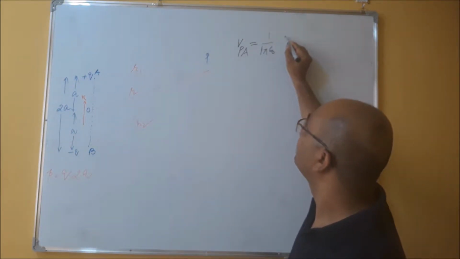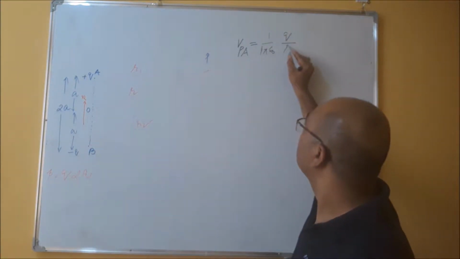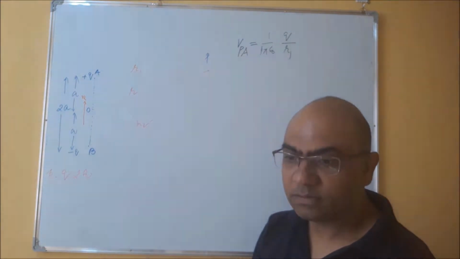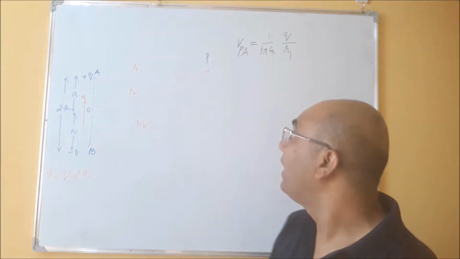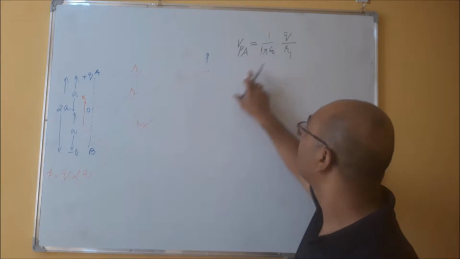This formula we have seen in my previous video. So the electrostatic potential at point P due to the plus q is given by this formula.